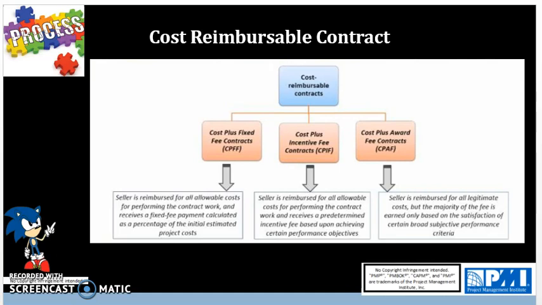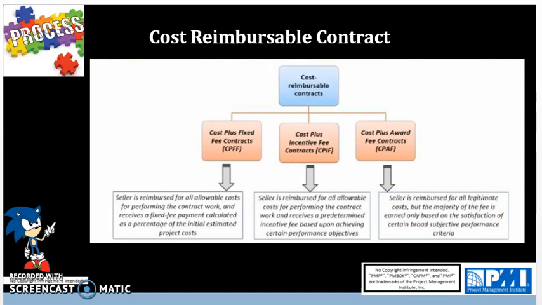The ratio in this contract, cost plus incentive fee, is usually 80% to the buyer and 20% to the seller. So an example of this could be a contract of $500,000 target cost plus $50,000 target fee. The buyer and seller share any cost savings or overruns at 80% to the buyer and 20% to the seller.